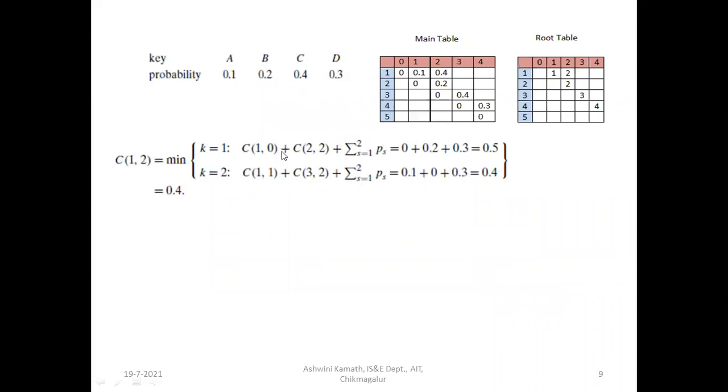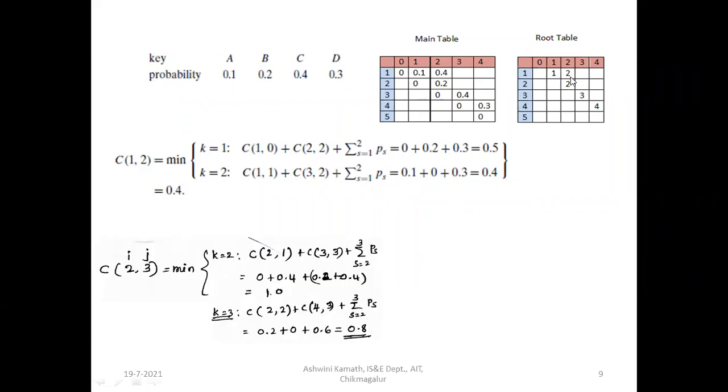For k is equal to 2 we are getting the minimum value, so update in the root table 1, 2 is equal to 2. From which k you are getting the minimum value, you have to place that here.